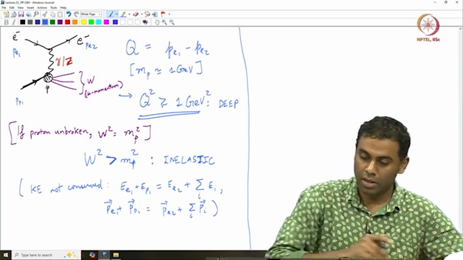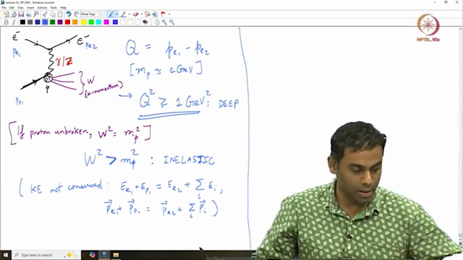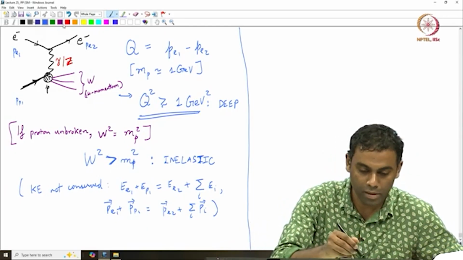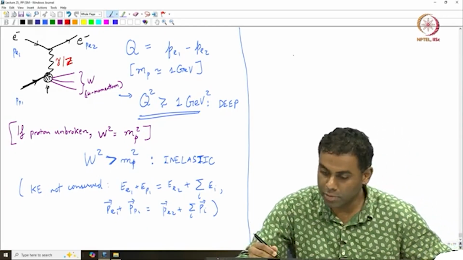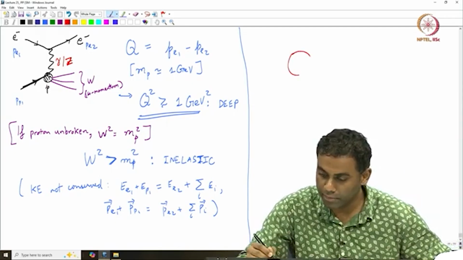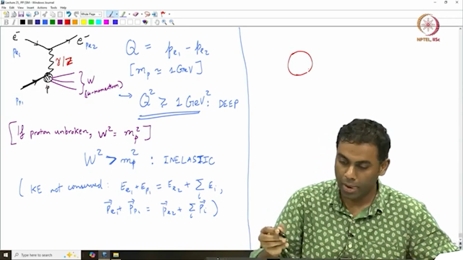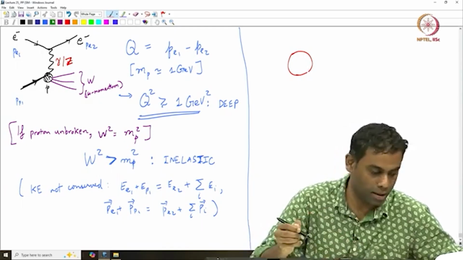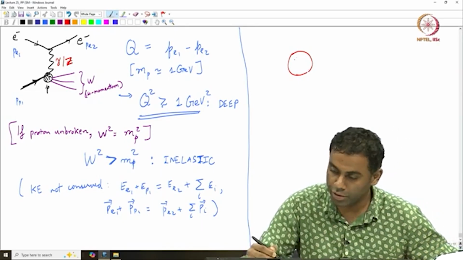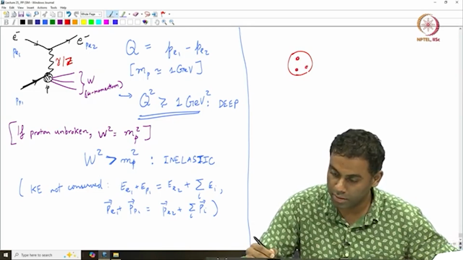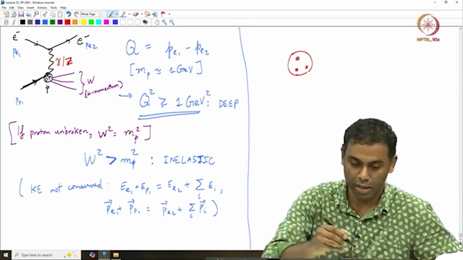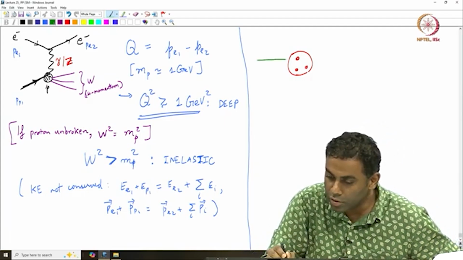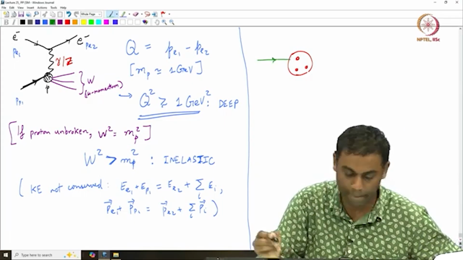Okay, now let us draw one more picture, but now I am going to draw it in real space. So I am going to switch colors. What is actually happening is, this is the proton, and I will just draw the constituents, just a cartoon, and I have an electron. I am going to choose my coordinate system such that this is horizontal.